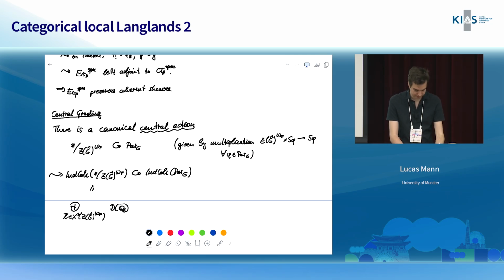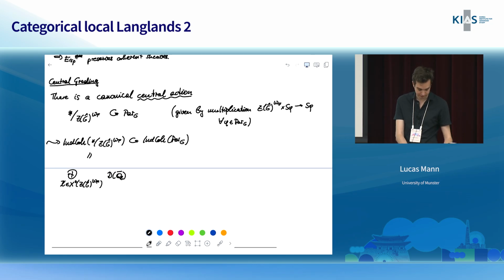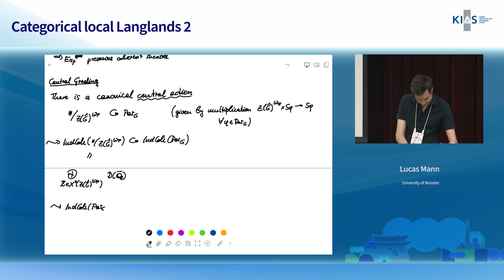But now I have an action of this direct sum category on some other category, and this immediately induces a decomposition of that other category over the same chi.